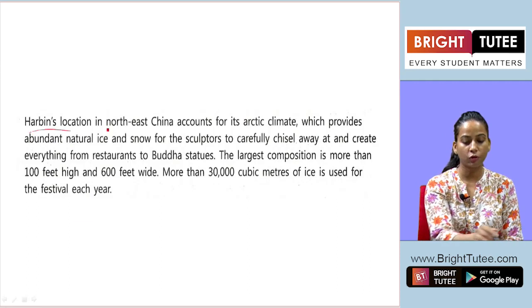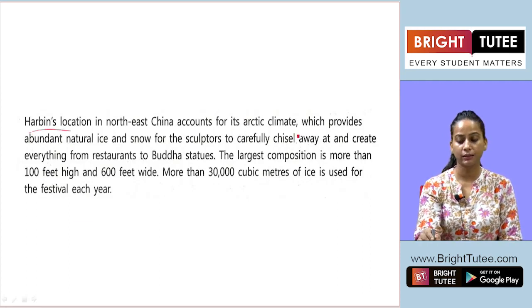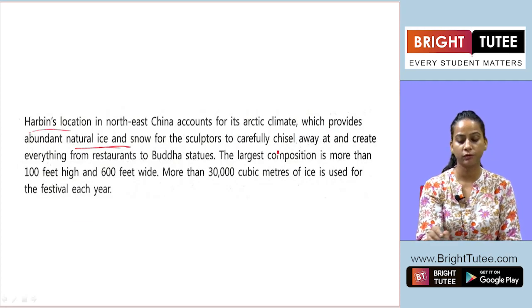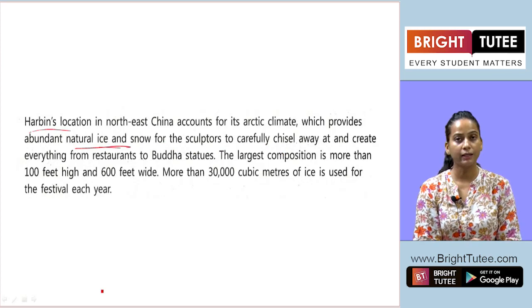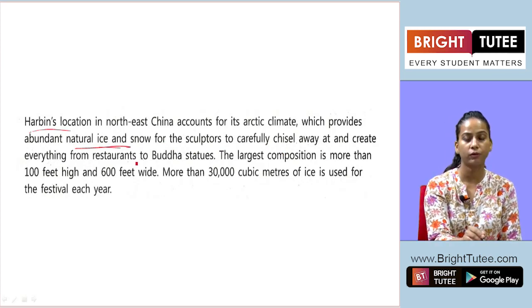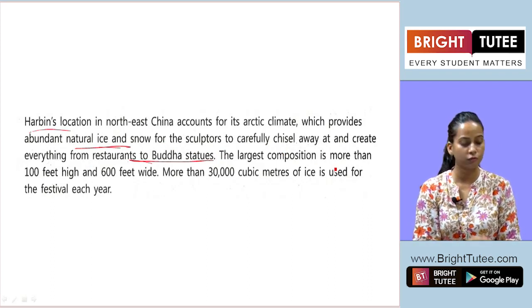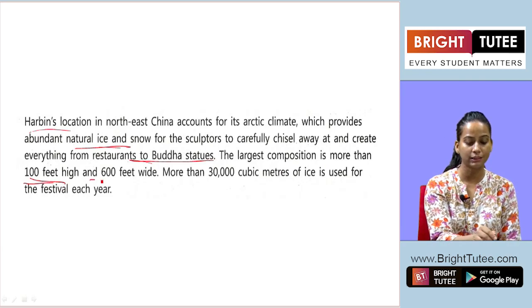Harbin's location in northeast China accounts for its Arctic climate, which provides abundant natural ice and snow for the sculptors to carefully chisel away at and create everything from restaurants to Buddha statues. The largest composition is more than 100 feet high and 600 feet wide.